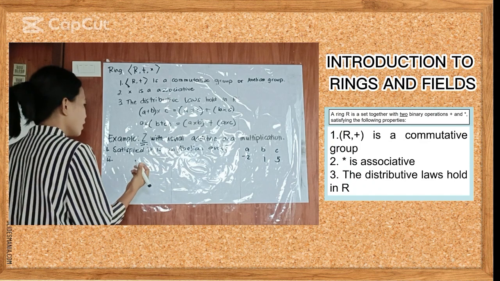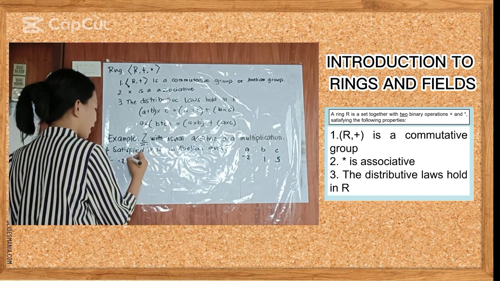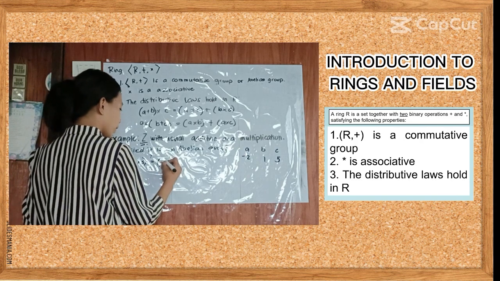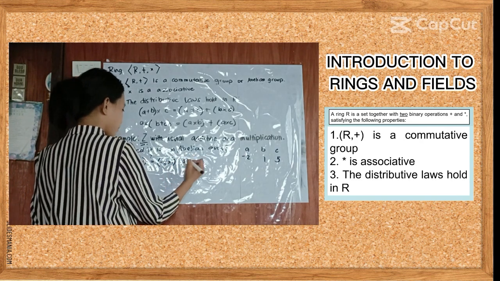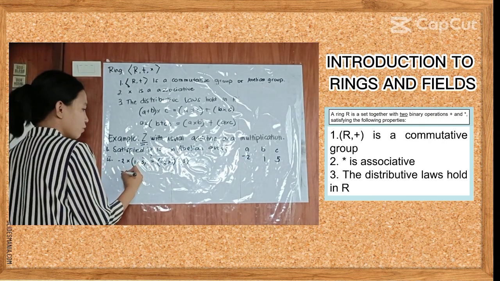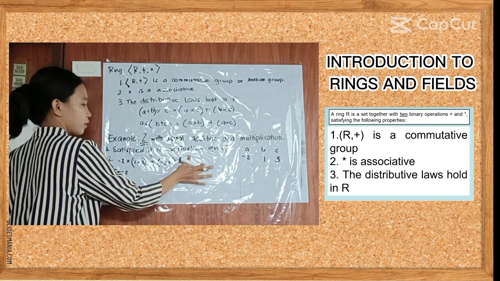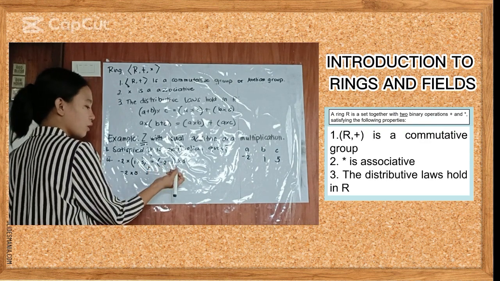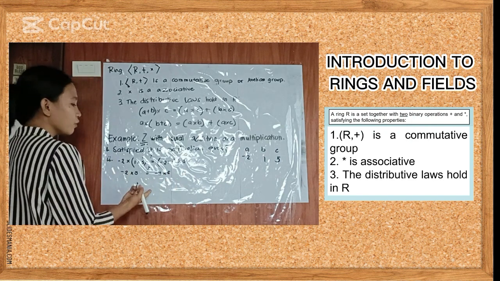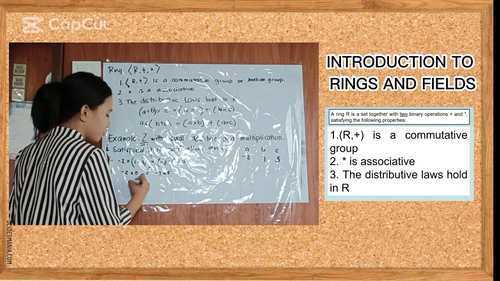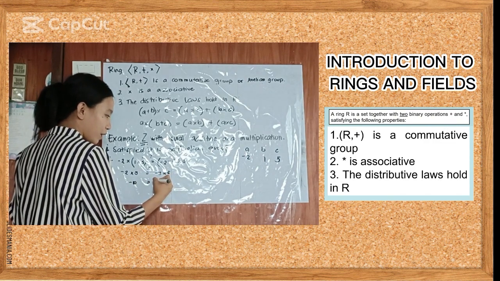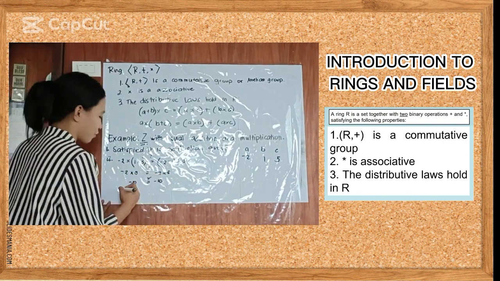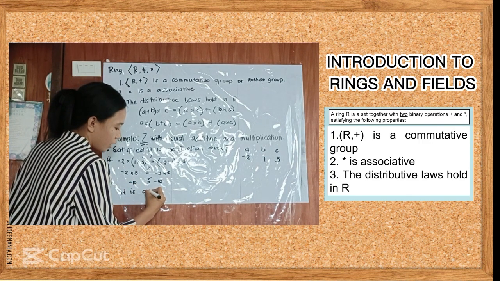We have -2 times 1 times 5. -2 times 1 is -2, so we have -2 times 5, which is -10. And 1 times 5 is 5, and -2 times 5 is -10. Therefore, it is associative.